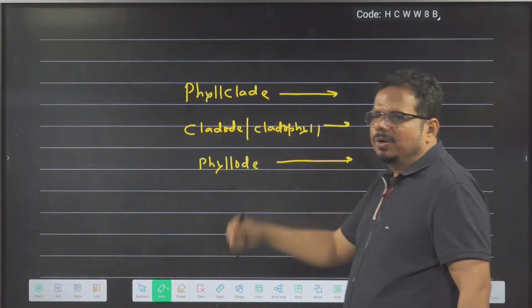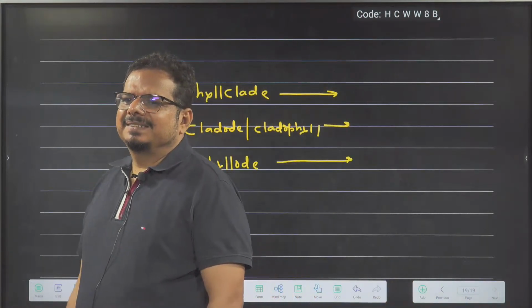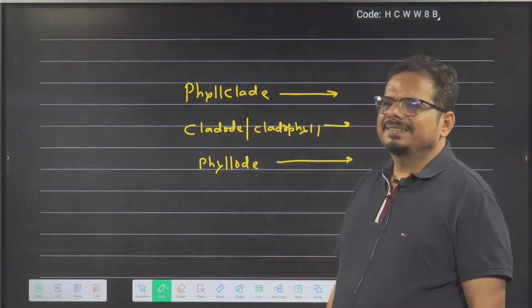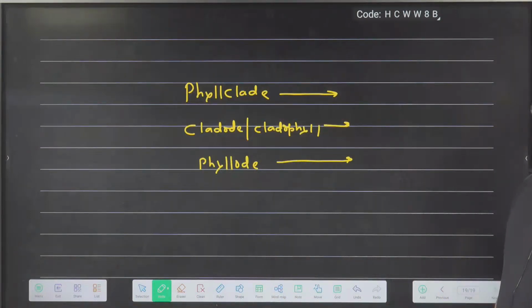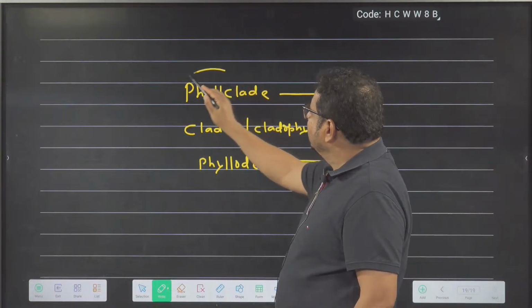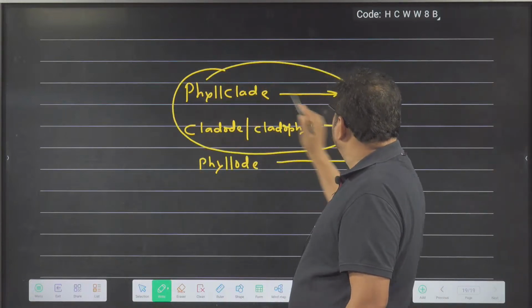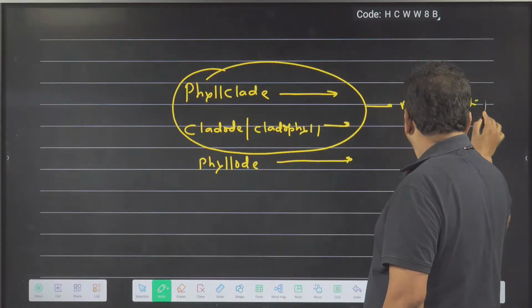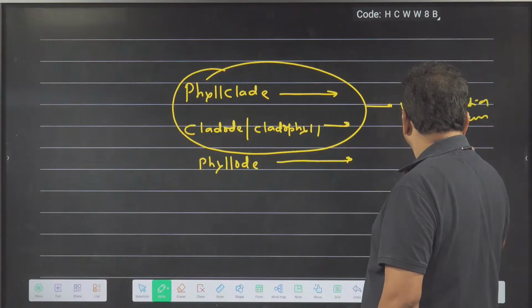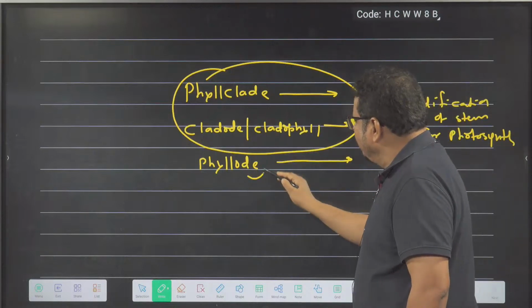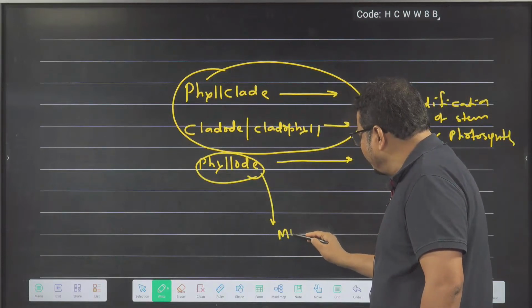These are related in pronunciation. Getting the thing? Can you tell me the differences? Phylloclade and cladode or cladophyll are what? Modification of a stem for photosynthesis. This phyllode is modification of petiole for photosynthesis.